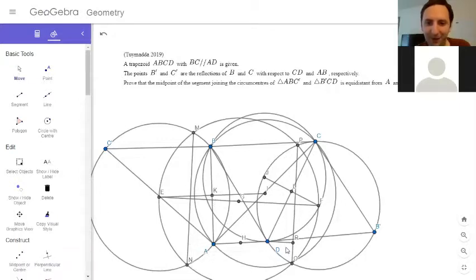I'm kind of very sentimental about Casey's theorem, but I realize that that might not be the best way to go.